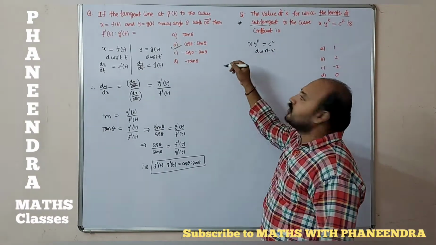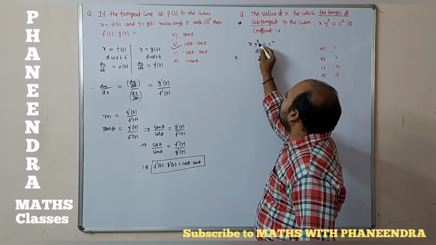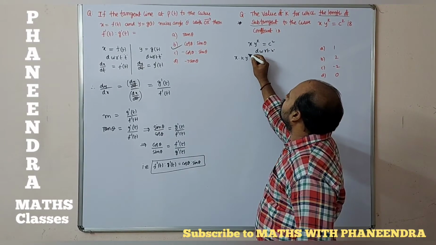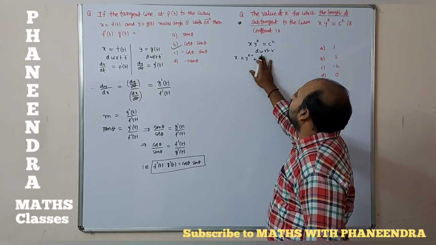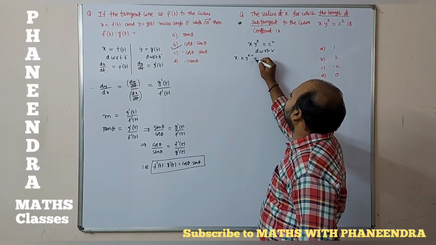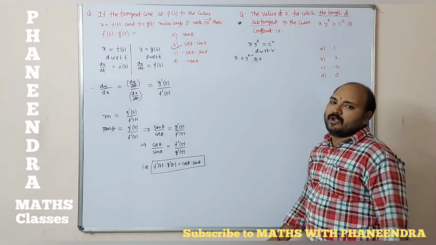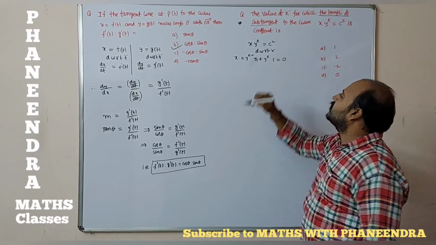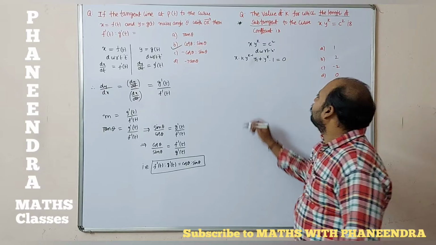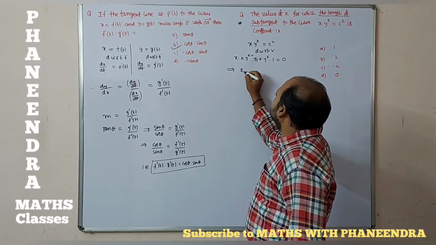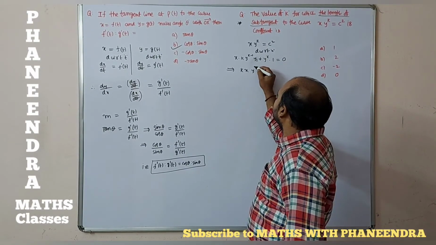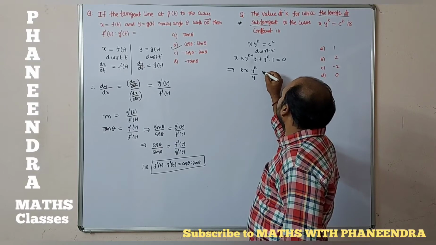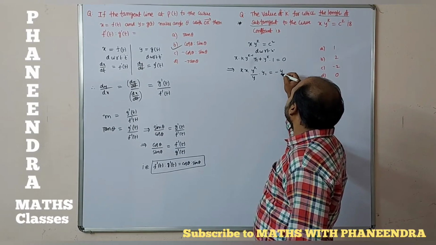By the UV formula, x into y power k: derivative is x into k y power k minus 1 into y1 or dy by dx, plus y power k into the derivative of x, which is 1, and the constant's derivative is 0. So kx into y power k minus 1 into dy by dx is equal to minus y power k.